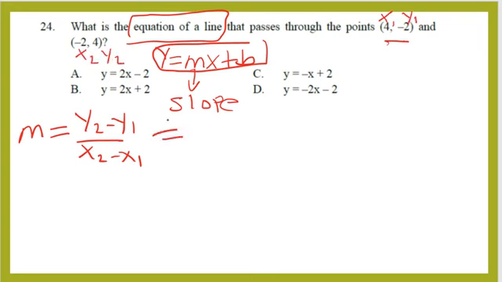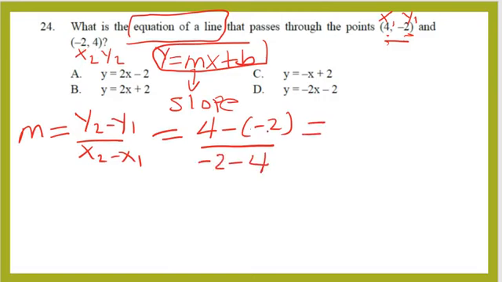Therefore, when you calculate the slope, y2 minus y1 means y2 is negative 4 and y1 is negative 2. So we can say negative 4 minus negative 2, the whole over x2, which is negative 2 as you see here, minus x1, which is 4. So negative 2 minus 4.